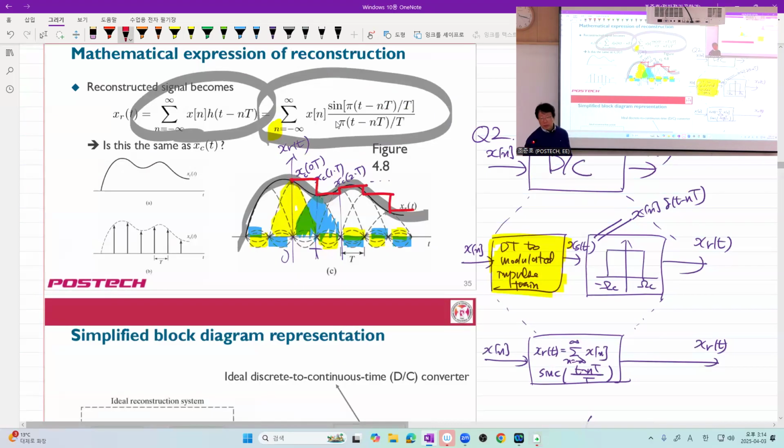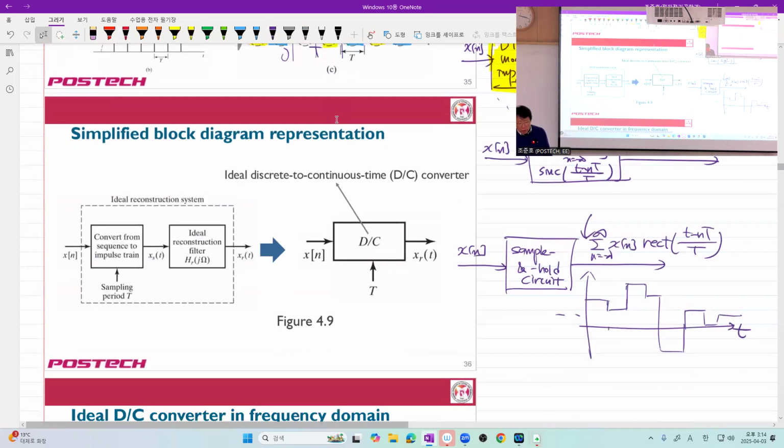A piecewise constant function. That is not the original signal. But the interesting thing is that we may compensate this sample and hold circuit with another filter. So this is kind of a correction filter. And we may make the output almost the same as what we wanted.